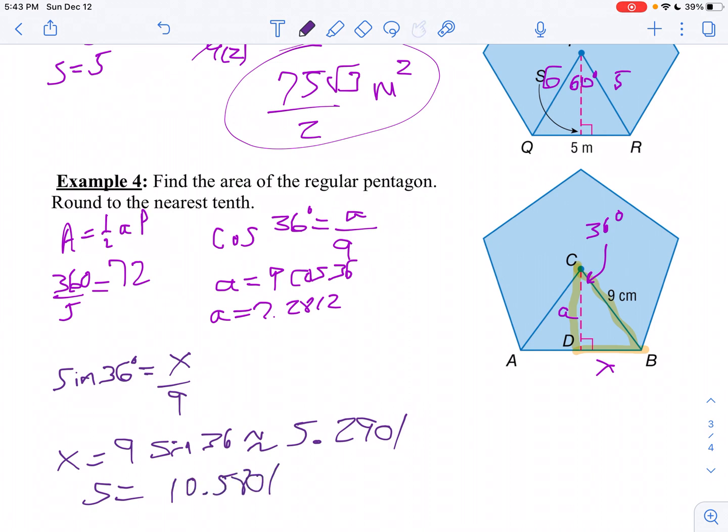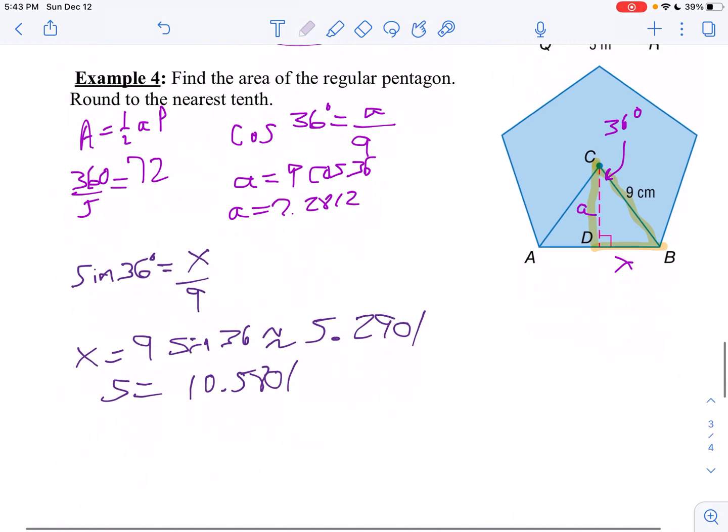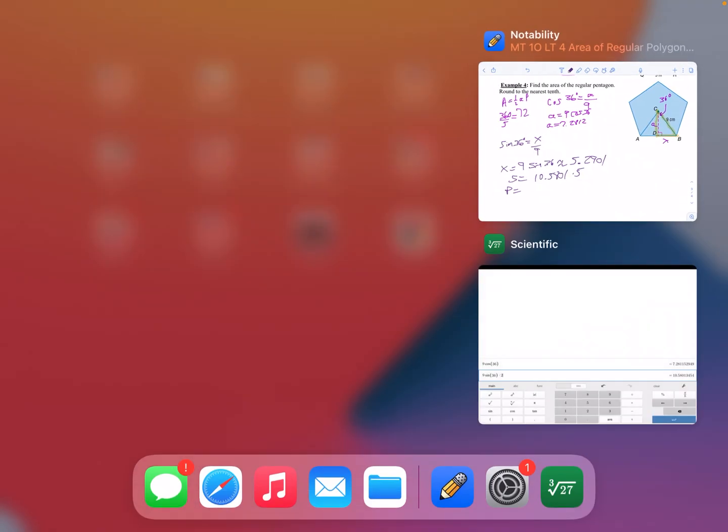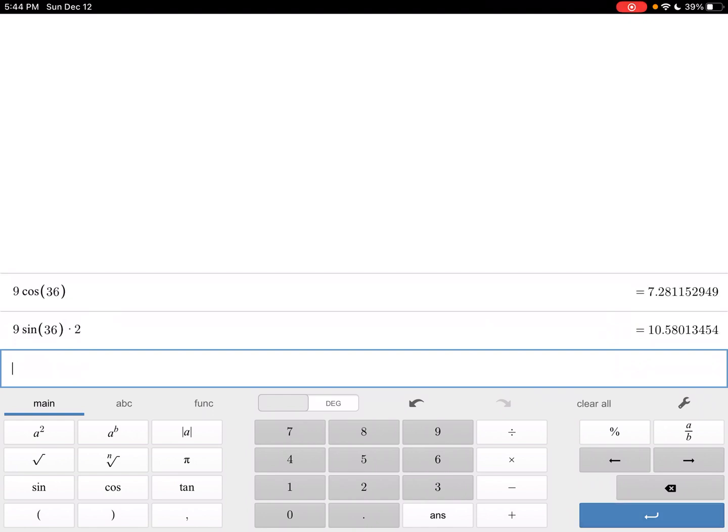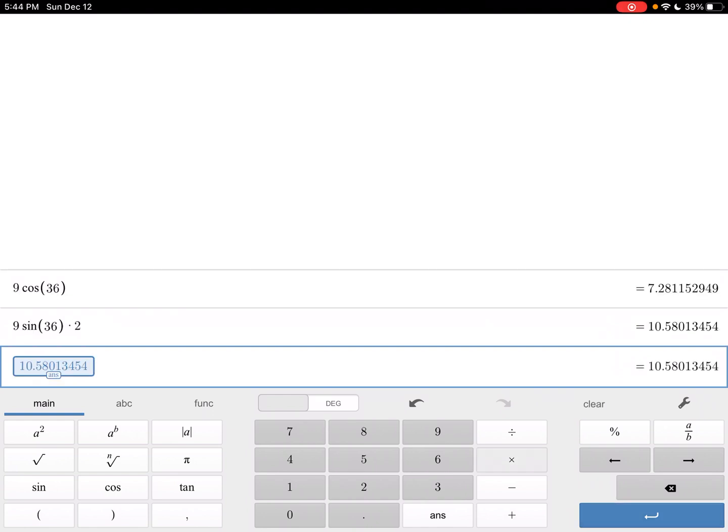And then to find the perimeter, I'm going to take that times 5 because there are 5 sides. So I multiply this by 5. And I get 52.9007.